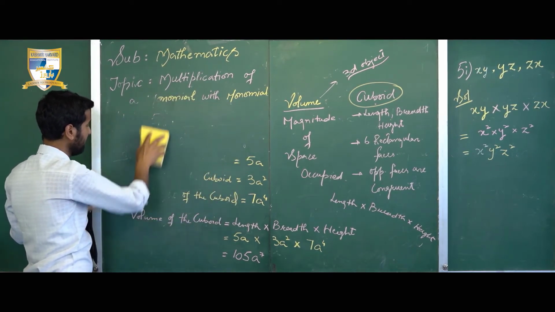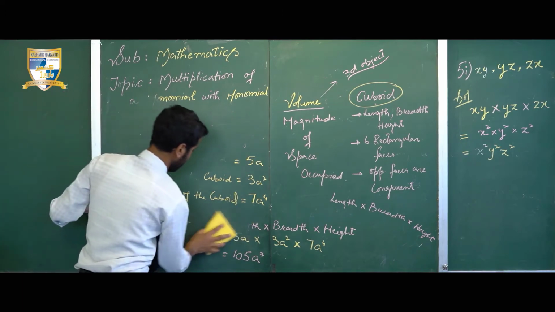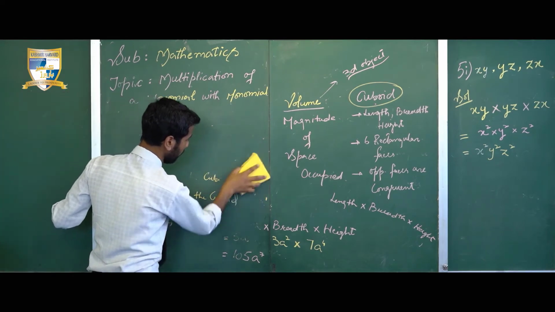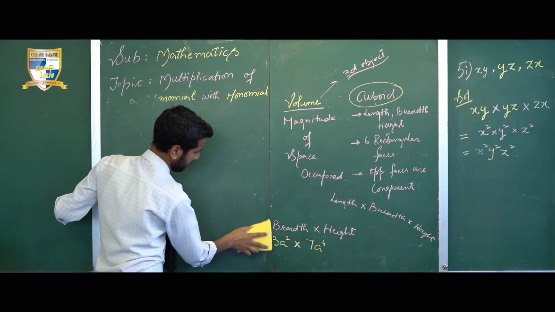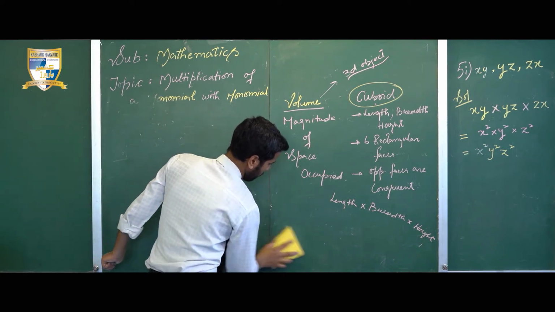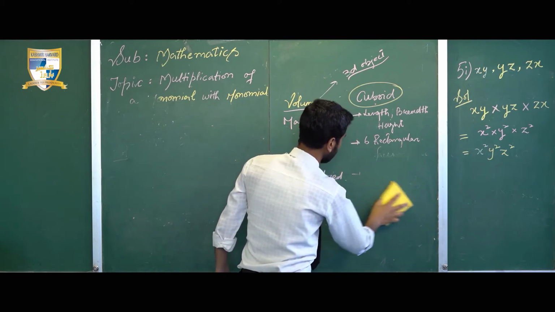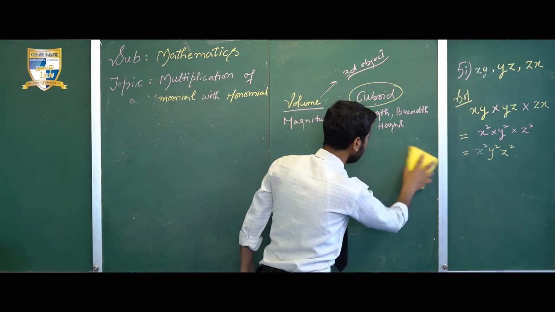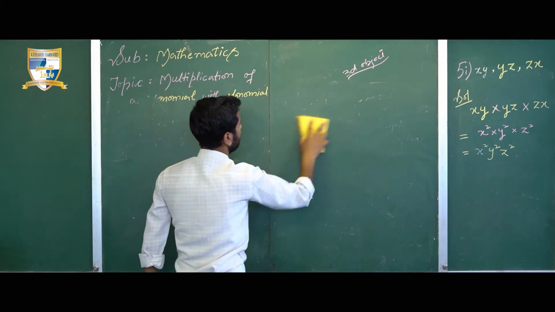Part number 2 of question number 5 once again is asking for the product here, and once again we have 3 monomials in it. So rules are same. You are going to multiply the variable part with variable and the coefficient part with coefficient here.